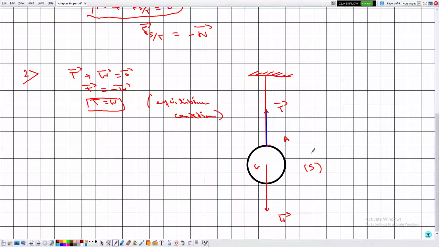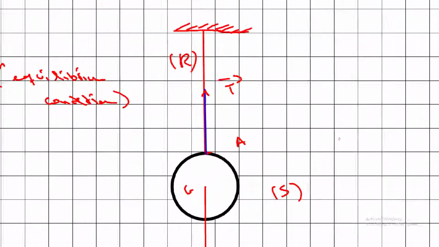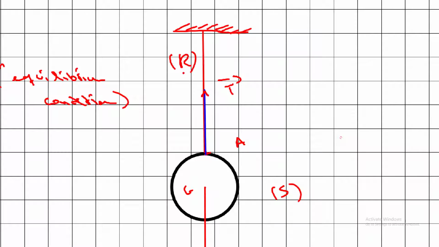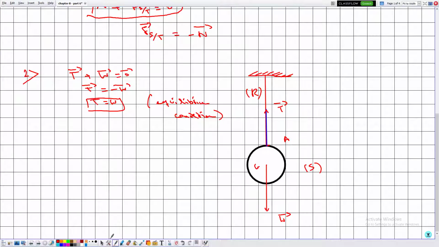Now notice that, let me say that this is the string R. Notice that the string R and the solid S are at interaction, because the string is, let me change the labeling just in order to be more clear.